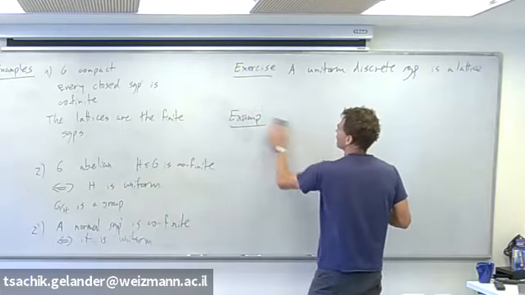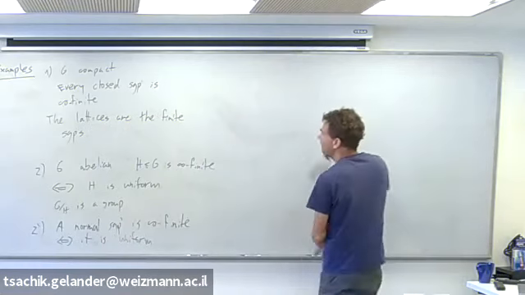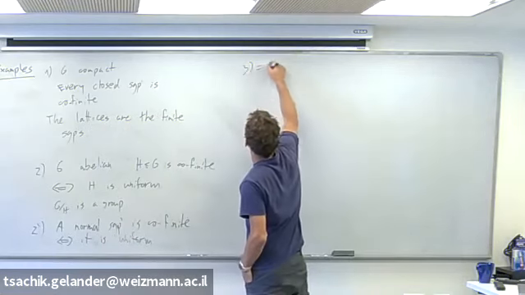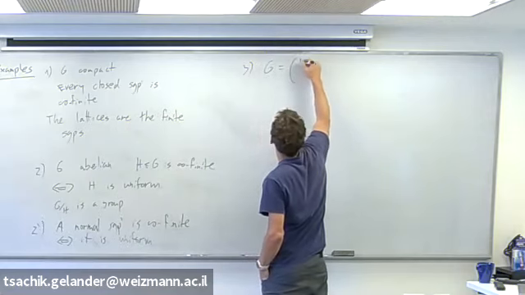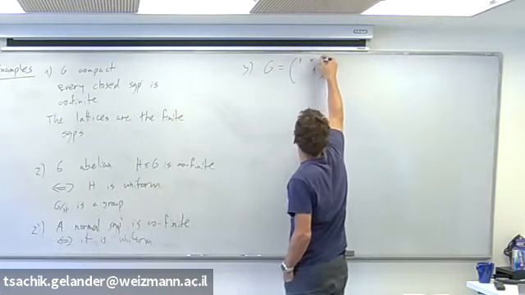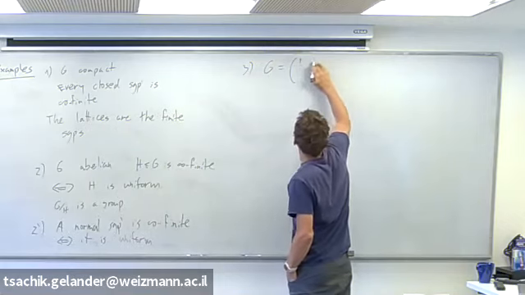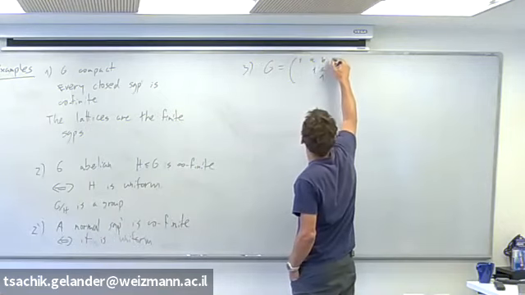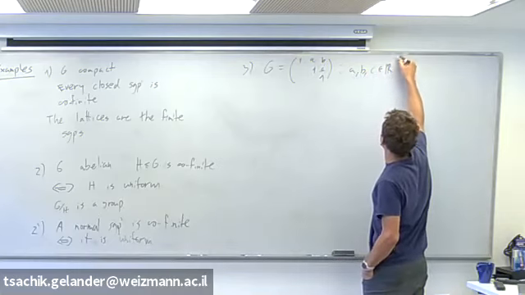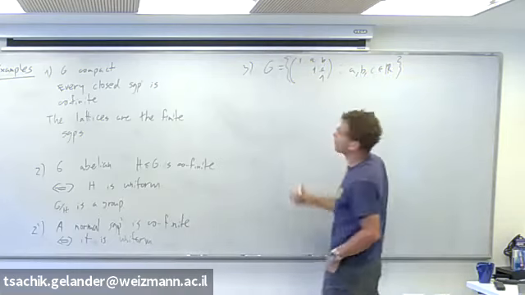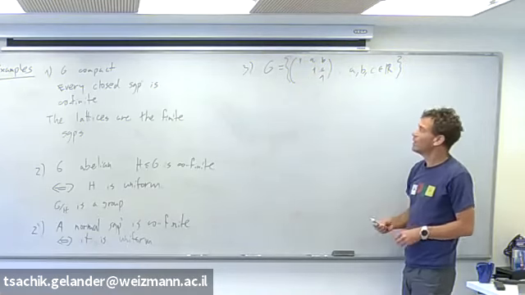A slightly more interesting example. Let G be the Heisenberg group. It's a unipotent three-dimensional group, with entries a, b, c in R. That's an important group, and this is called the Heisenberg group.